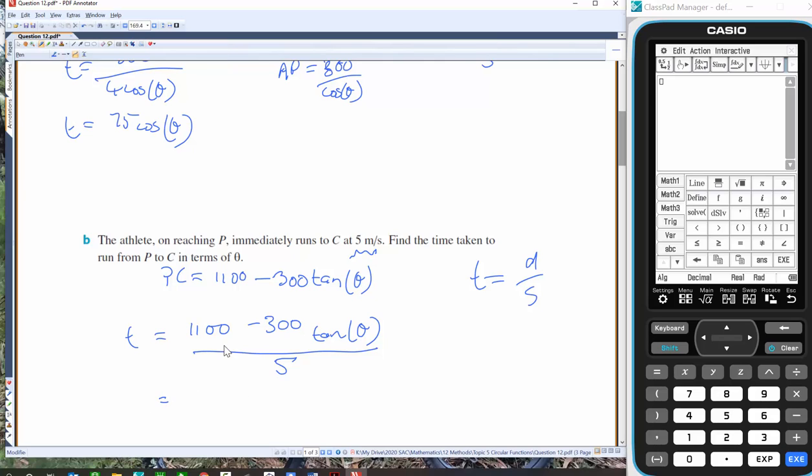That is going to be 5 goes into that, I think it's 220, take away 60 tan theta after dividing through by 5.